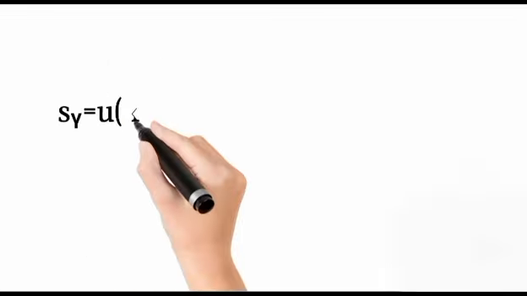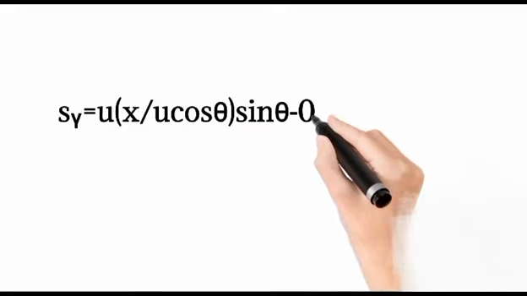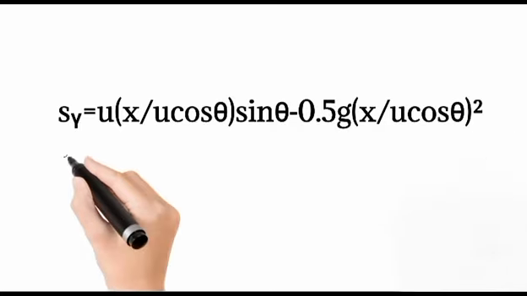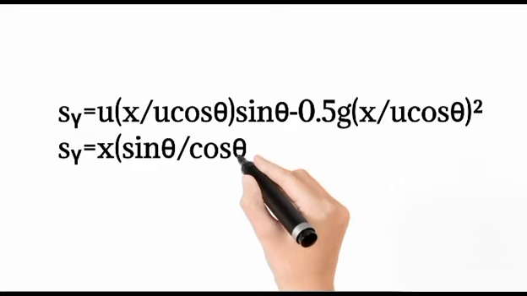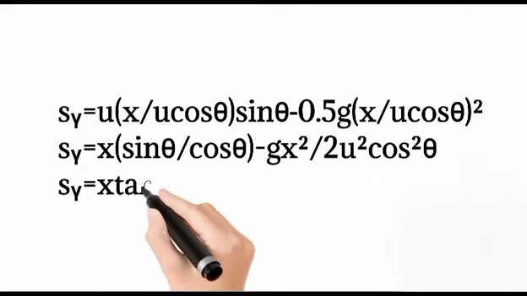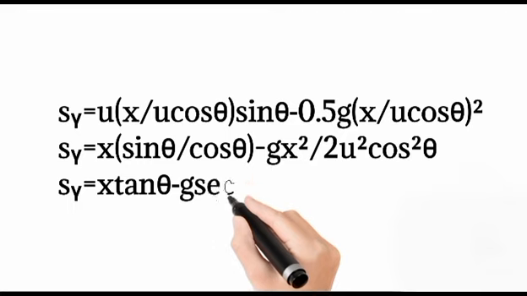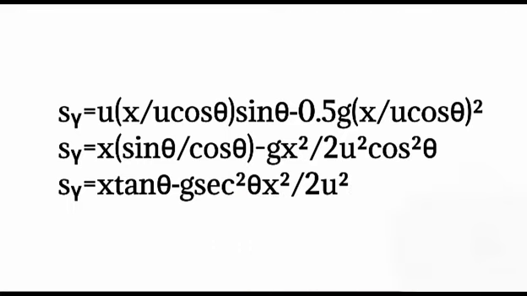Substituting t in Sy and keeping in mind the basic principles of trigonometry gives Sy, the equation of trajectory, as x tan theta minus g x squared over 2u squared cos squared theta. Sy equals x tan theta minus g sec squared theta x squared, all on 2u squared.